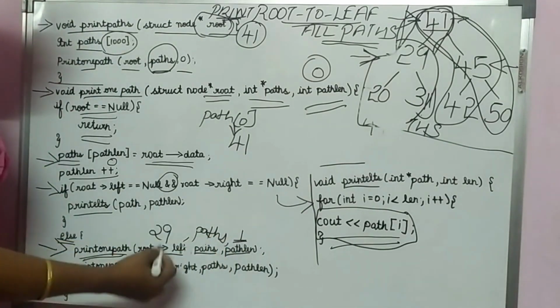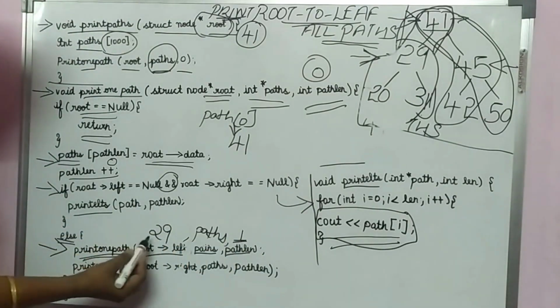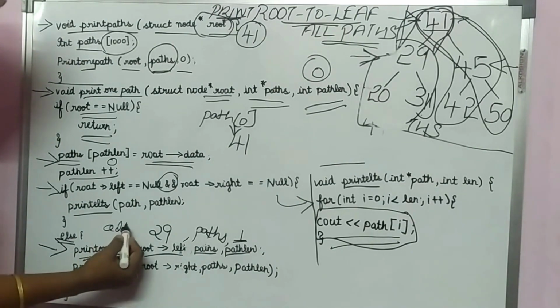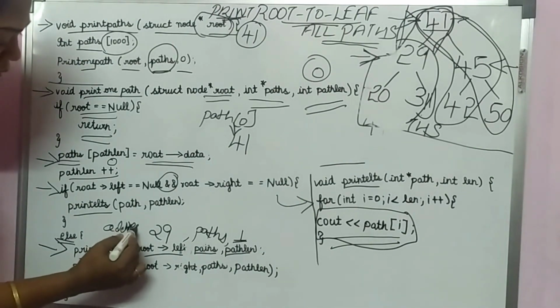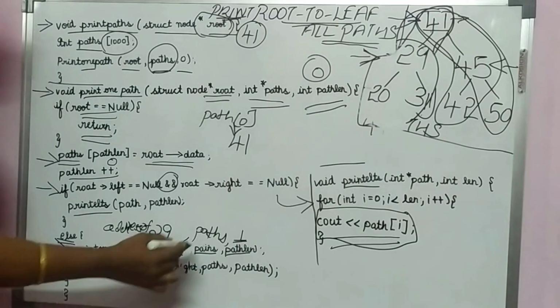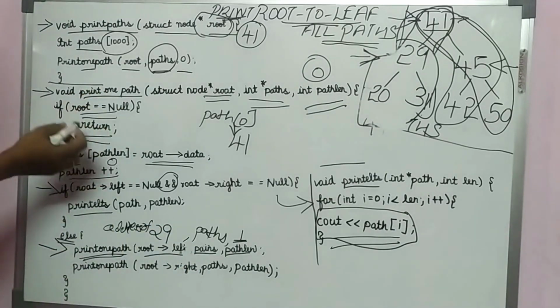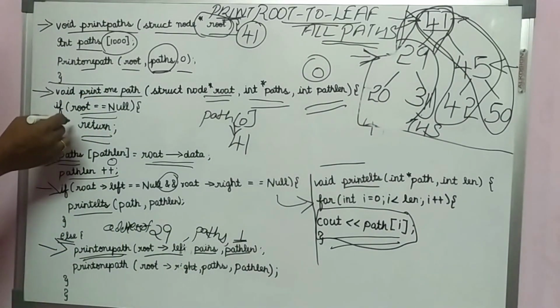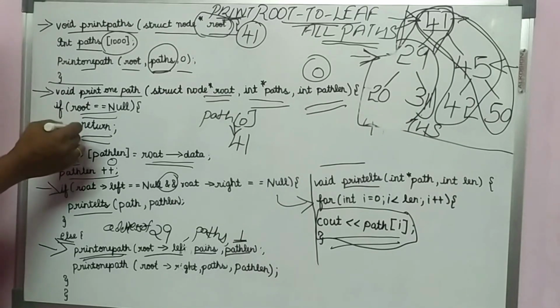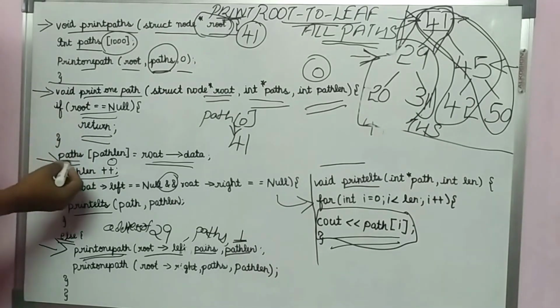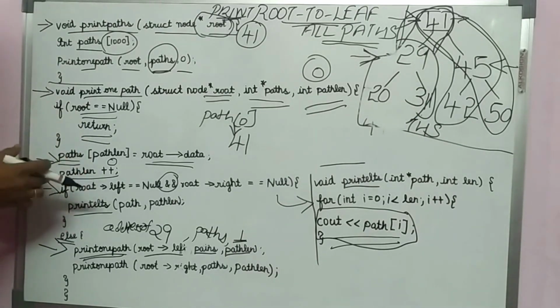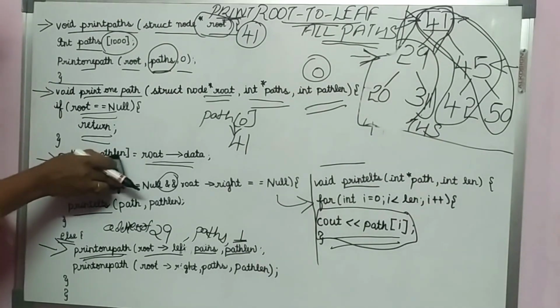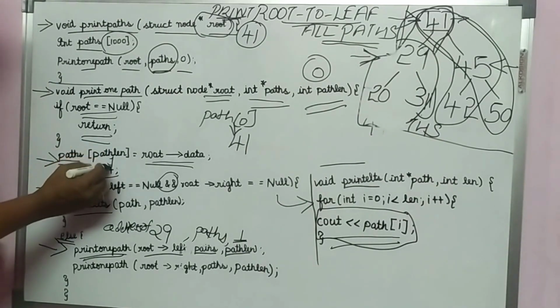So it is not 29, it is the address of 29. So here 29 is the value, and the address of 29 will get passed to this function. Again it will check whether root is equal to null, not so, because it is pointing to the address of 29. Now the path length value is 1, that's how we have passed.